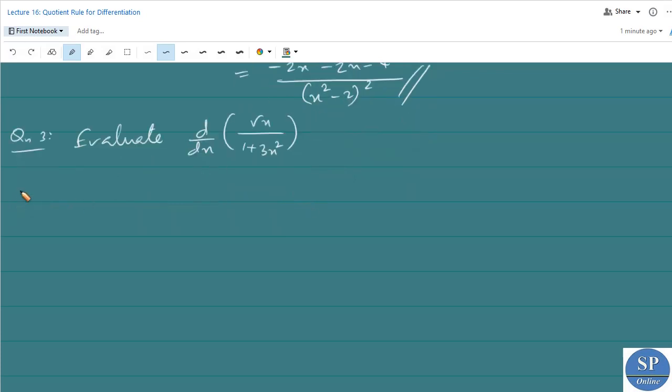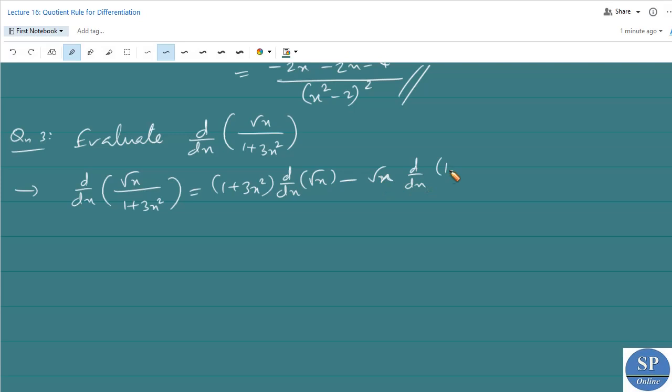So here we have, by the quotient rule, d by dx of square root of x divided by 1 plus 3x square can be written as 1 plus 3x square into d by dx of the numerator, which is root x, minus the numerator into d by dx of the denominator, which is 1 plus 3x square, whole divided by the denominator whole square.